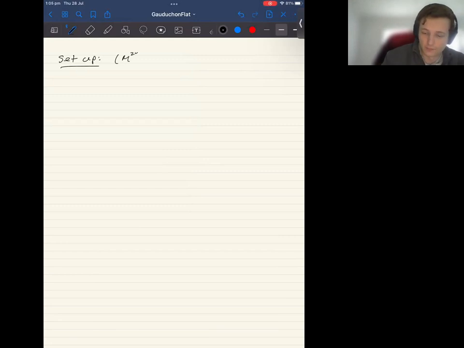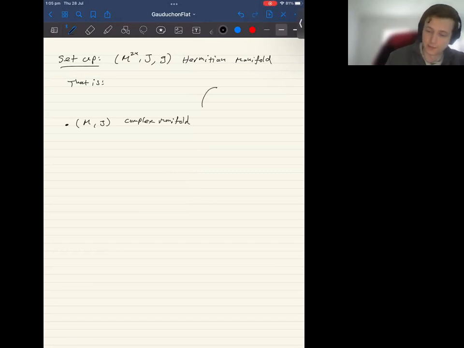So I've got M, J, and G. This is a Hermitian manifold. Okay, so that is, for those who don't know, the pair M and J is a complex manifold. Again, this means the following.